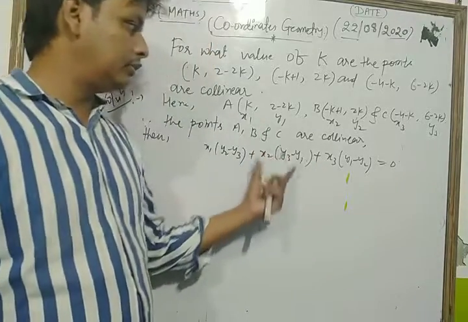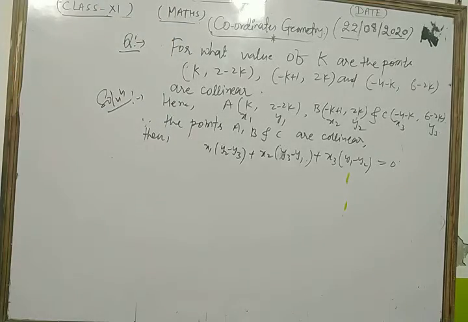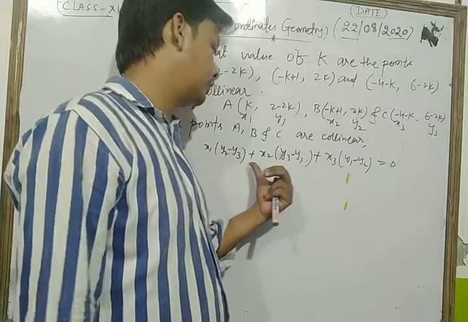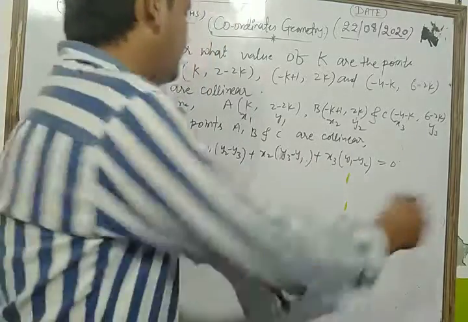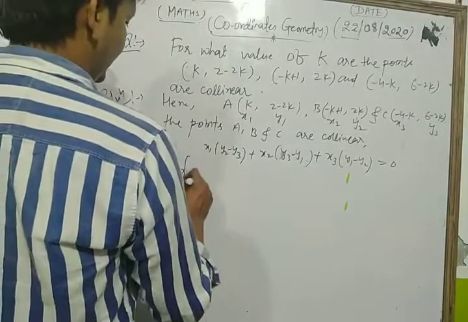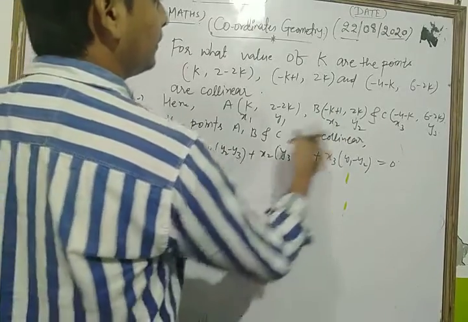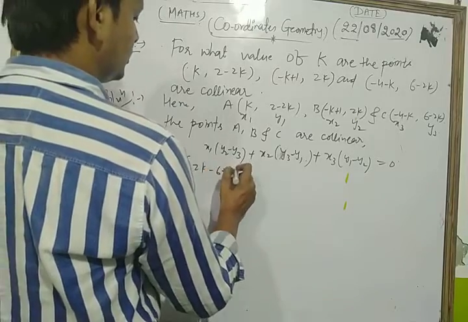Now we put all the values in this condition and solve it. We put all the values of x1, x2, x3, y1, y2, y3. The value of x1 is k, and in the bracket y2 is 2k minus y3, which is 6 minus 2k; opening the bracket, minus 6 plus 2k.